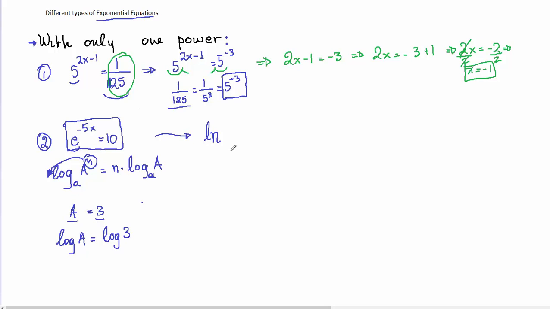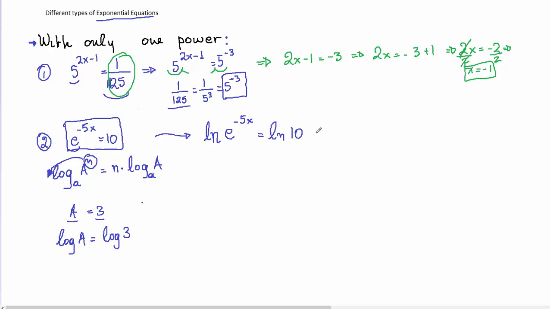So I will take the logarithm of both sides of the equation with the base of the power. So I'm going to take the ln of e to the negative 5x equals ln of 10. Is that true? Yes, if this quantity right here is equal to 10, then the logarithm of this quantity will be equal to the logarithm of 10.